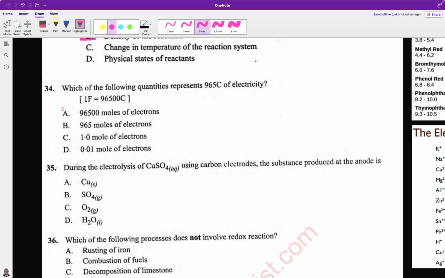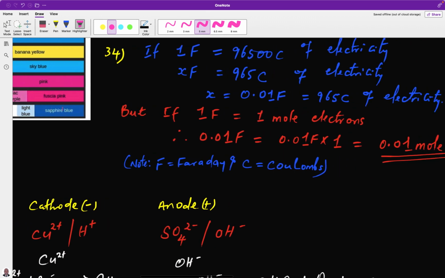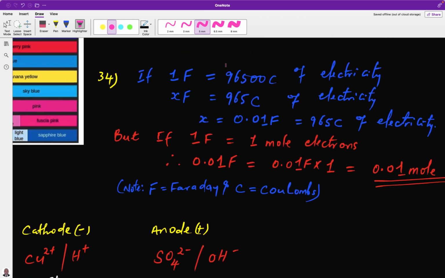Simple calculation. Look at the calculation. If one Faraday is equal to 96,500 coulombs of electricity, therefore X Faraday would give us 965 coulombs of electricity, and our value for X is 0.01 Faraday.